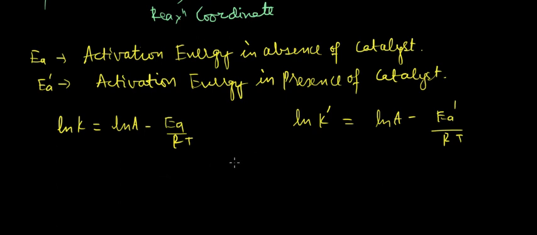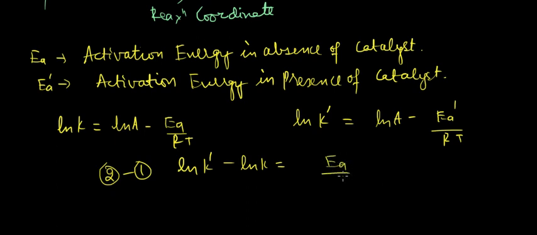If we subtract the first from the second, we get ln k dash minus ln k, which is equal to EA upon RT minus EA dash upon RT.